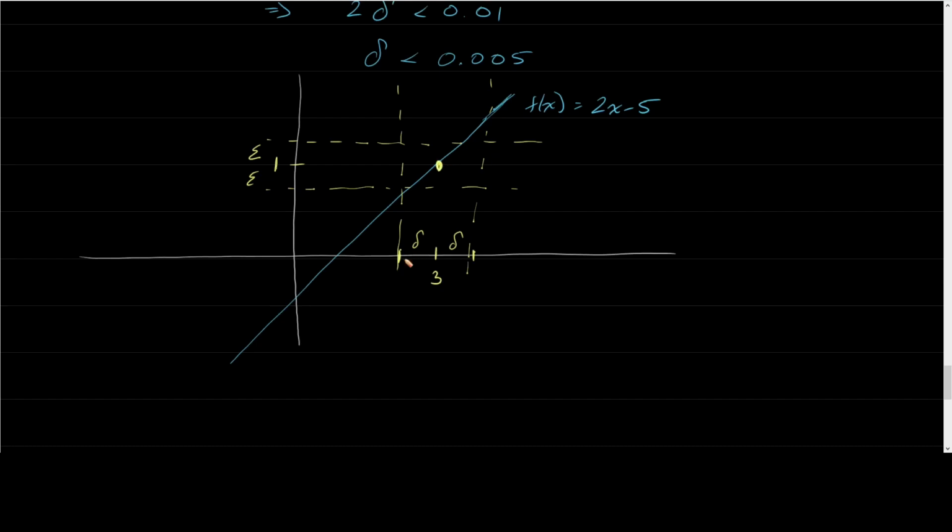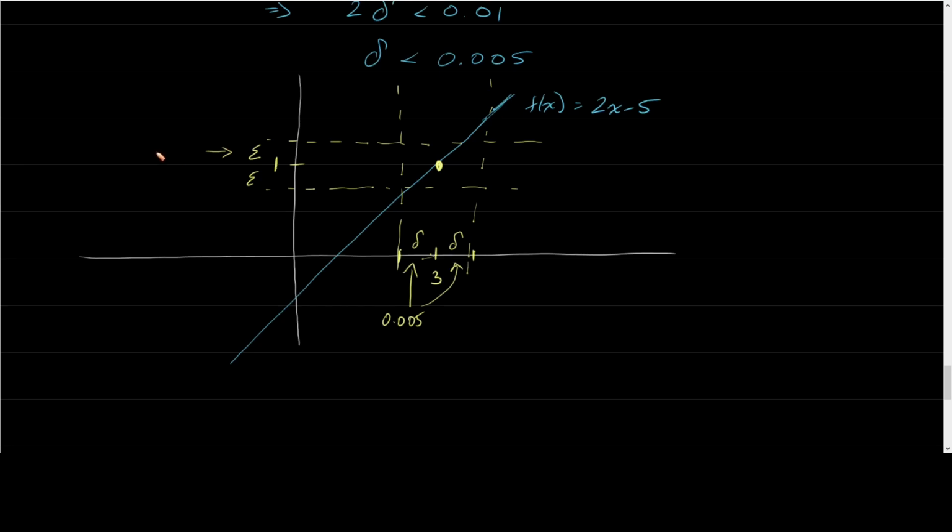And we're saying again, well, what did we find here? What we found is that since delta was 0.005, as long as we're staying within 0.005 units, so this right here is 0.005, as long as we're staying within that distance of 3, we're guaranteed to stay epsilon units away.